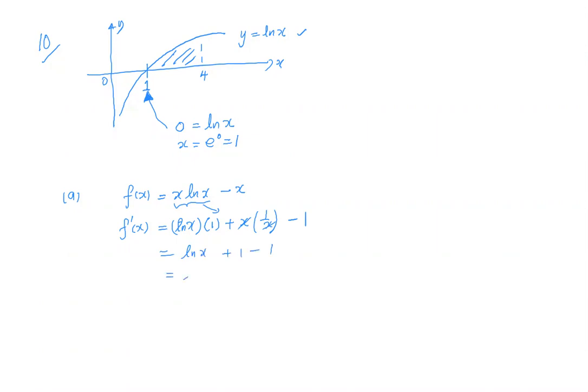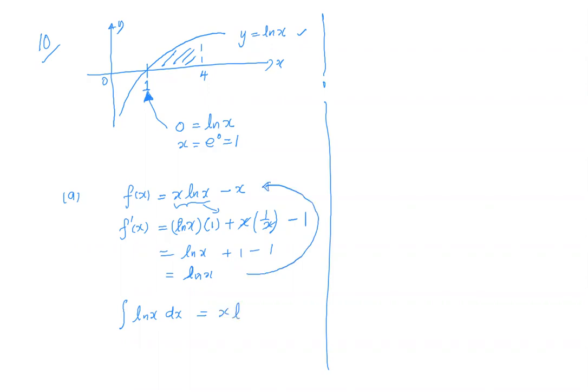So I got ln x. All right. So then they say, if I integrate ln x, what is the result? Yeah, I will get back my fx. That is x ln x minus x.